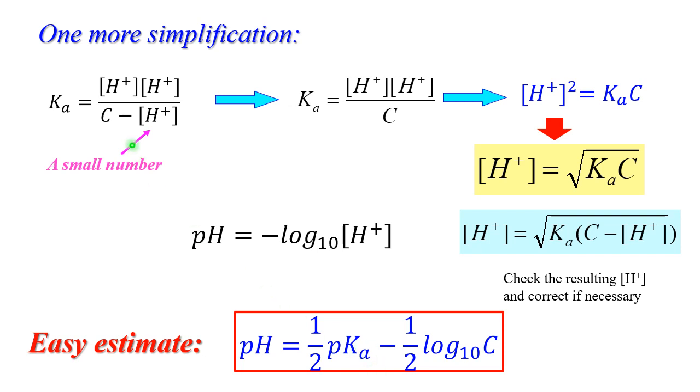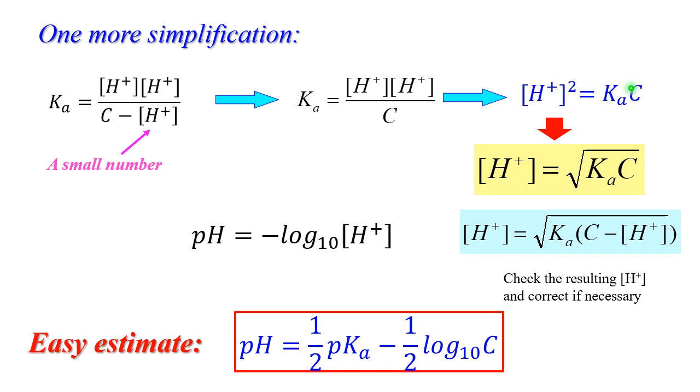Now, we can do one more simplification. In our equation, H plus is a small number if you compare it to the total concentration. Why? Because our acid is weak and it's mostly non-dissociated. In this case, we skip H plus here and we have a simpler equation. H plus multiplied by H plus divided by total concentration equals Ka.